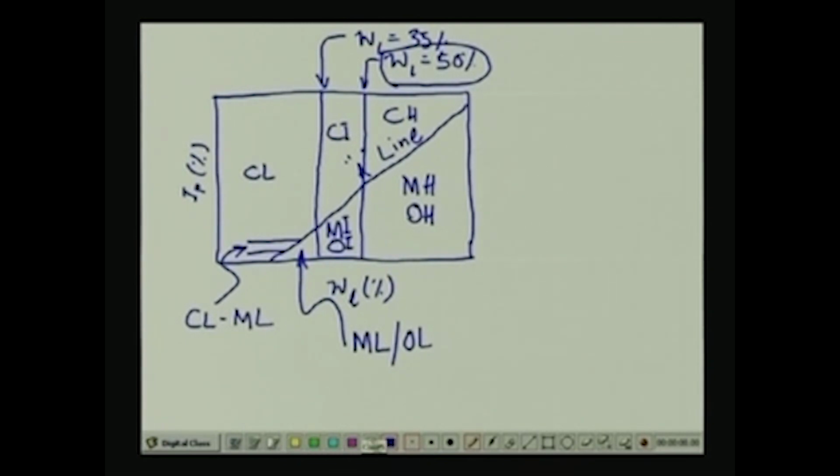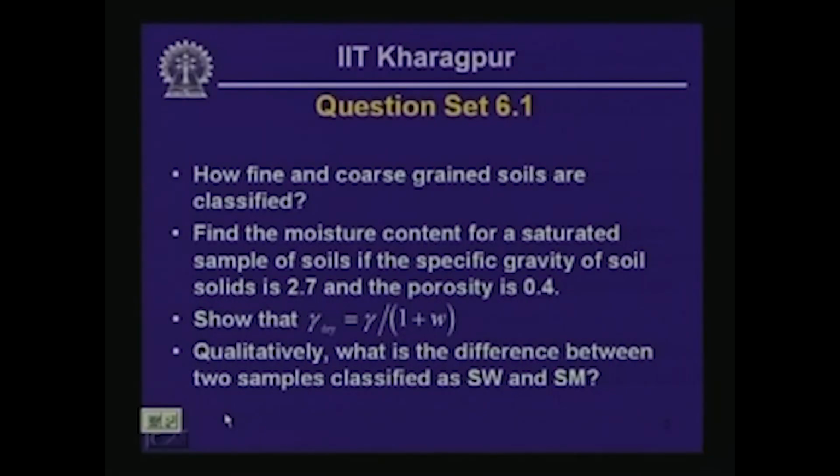Okay, now let us get back. How did we classify coarse grained soils? In classification of coarse grained soils, what we looked at is the grain size of these types of soils, and we considered only those soils which have more than 50% of coarse grained particles, that is particles retained on a sieve of opening size 0.075 millimeter.